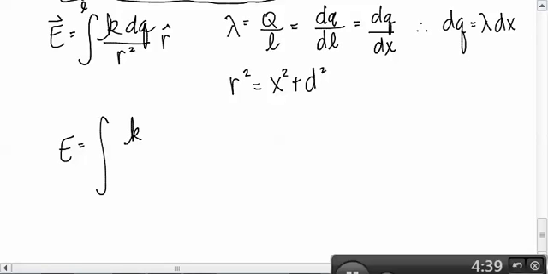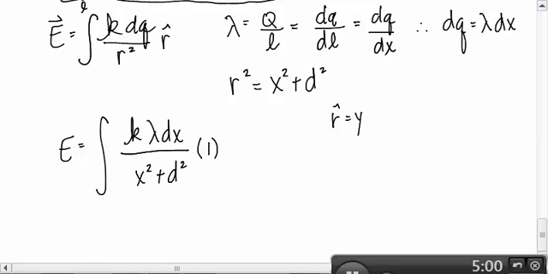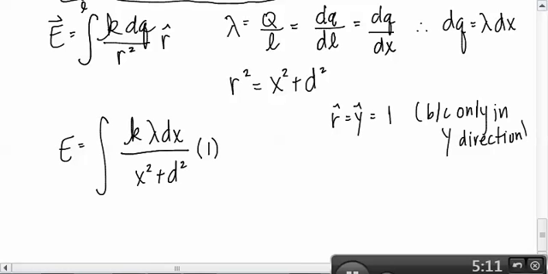So Coulomb's constant, dq is lambda dx. R squared is x squared plus d squared. And r hat would just be 1. R hat is y hat, and it's 1 because it's only in the y direction.